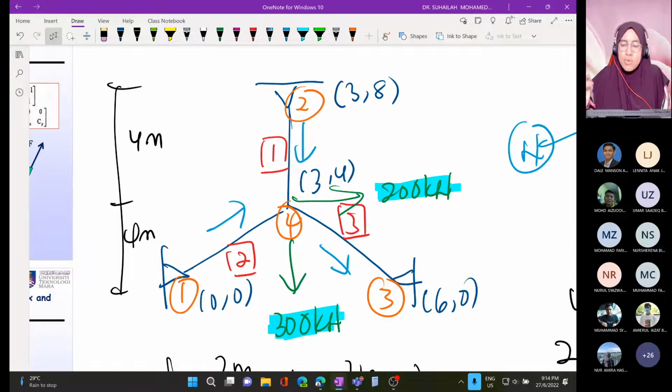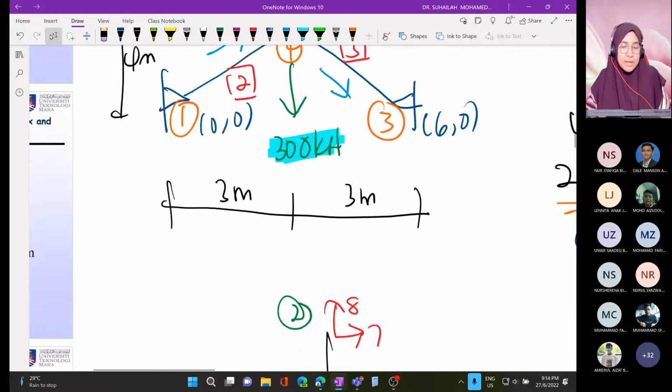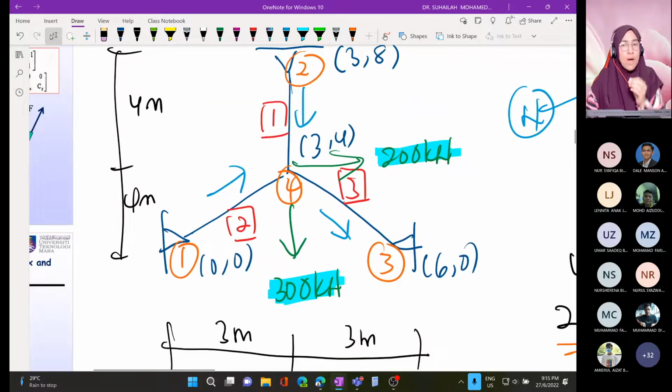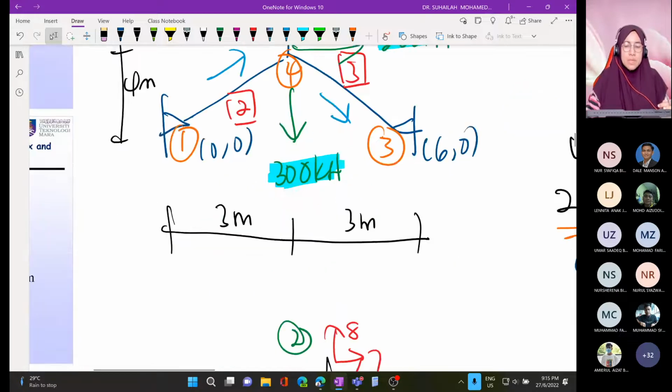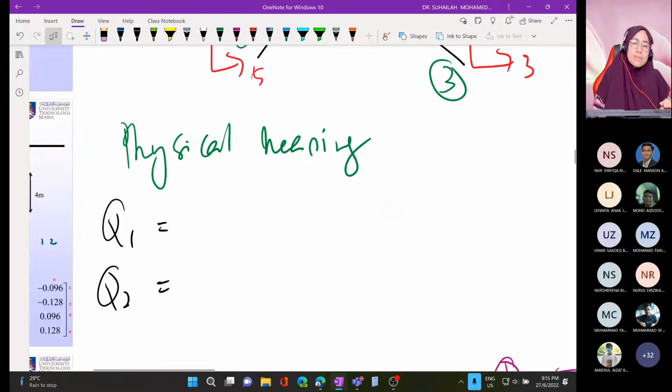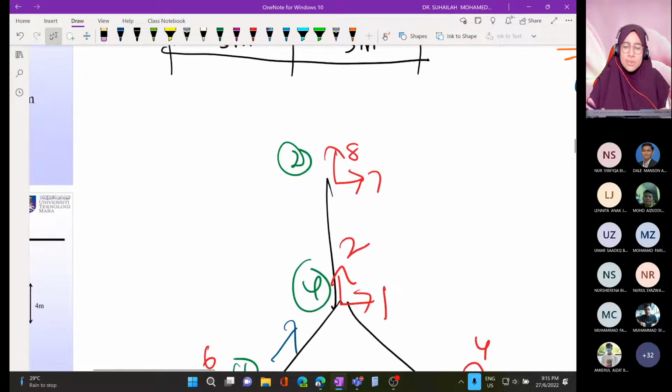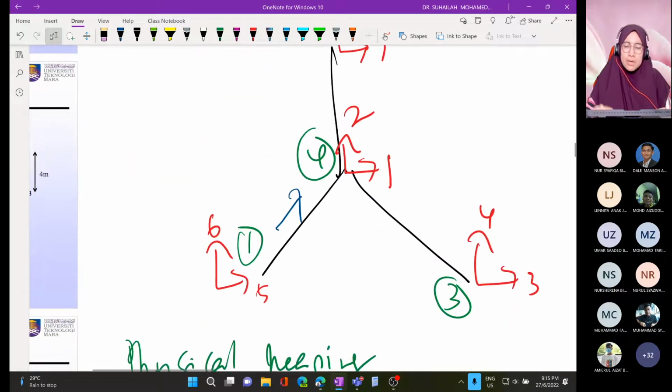If Q1 is 200, Q2? Negative 300. Yes, it is negative 300. It means that 200 represents what? Try to look at the diagram.